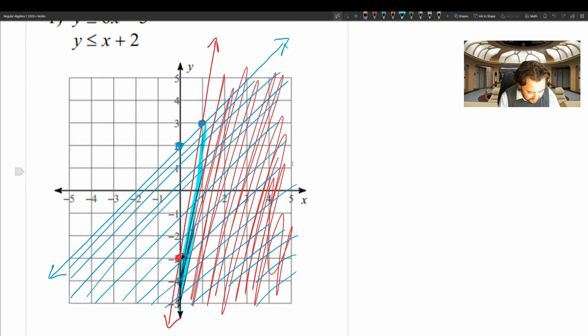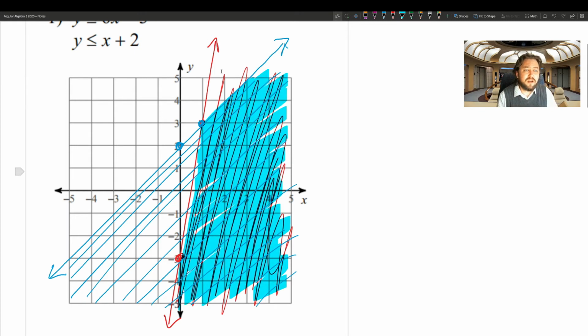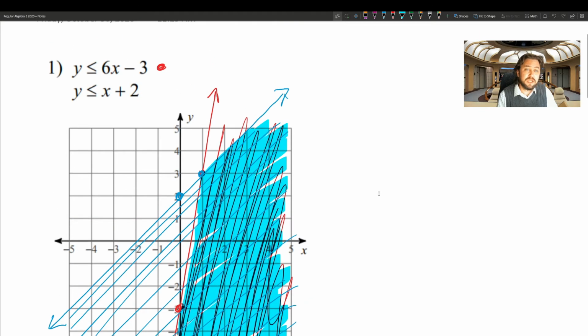This piece, where it's shaded by red and by blue, is where my solutions are going to be. Up here I would have just red, and over here just blue. But where the red and the blue overlap would be the solutions for this system of inequalities.